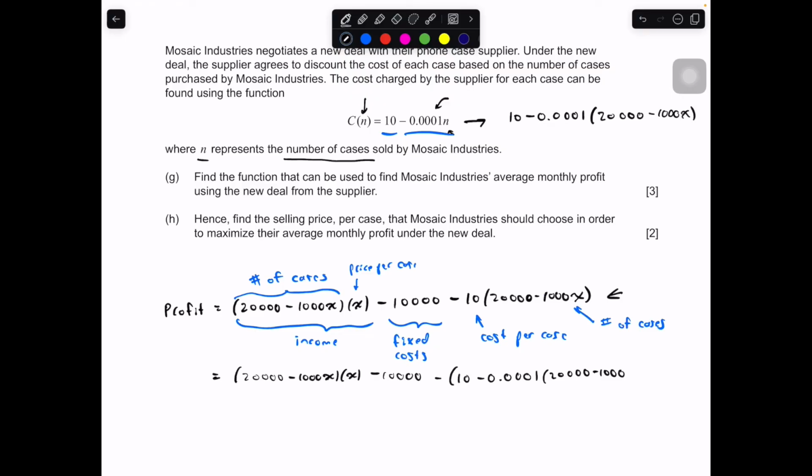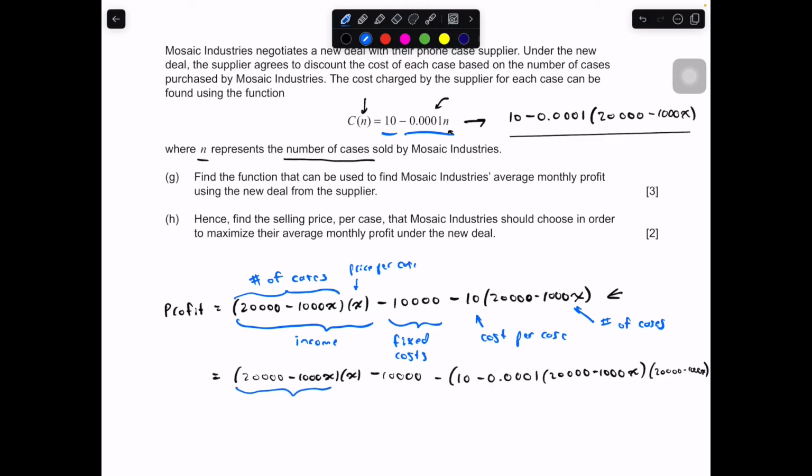$10 minus, this is the cost per case. The cost per case is $10 minus 0.001 times 20,000 minus 1,000x. And this is the number of cases. Really running out of space here. Okay. Wow. Here is the income.